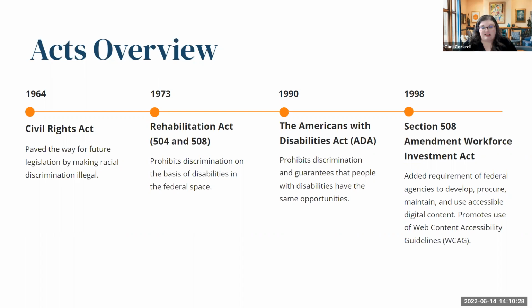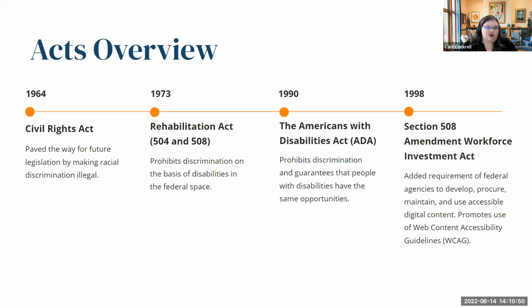Then subsequently in 1973, the Rehabilitation Act, which includes section 504 and 508, began the prohibition of discrimination on the basis of disability from programs conducted by federal agencies. When people refer to the Rehabilitation Act, they may actually just refer to section 504.